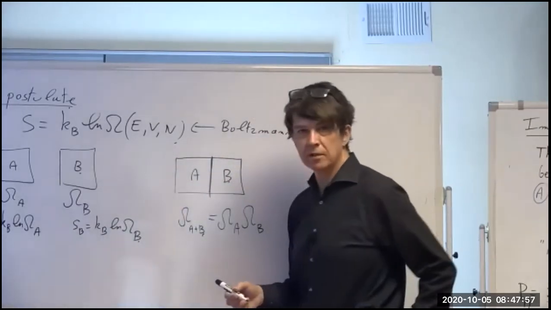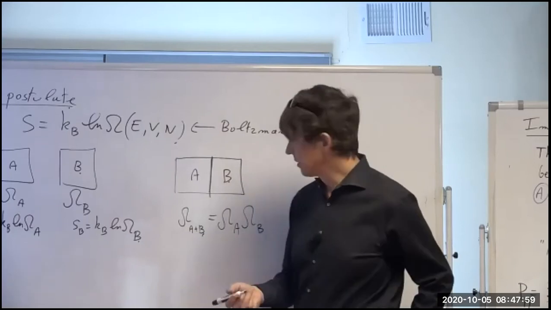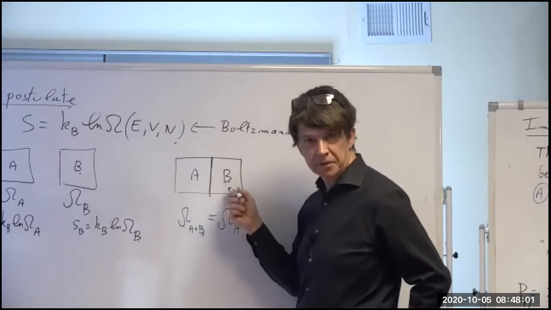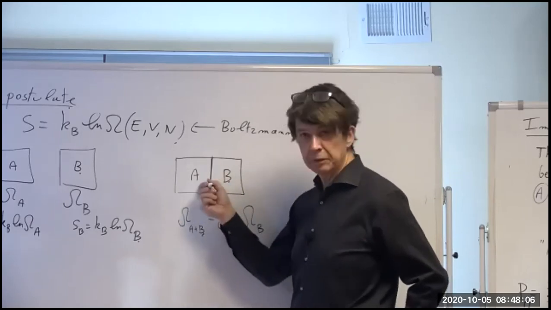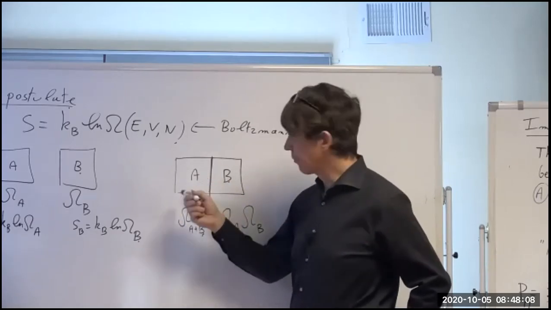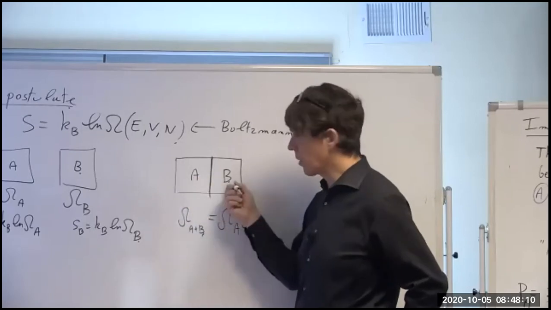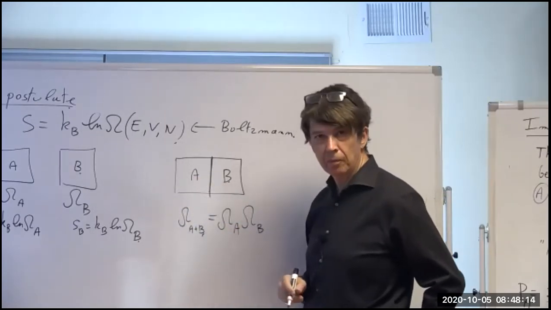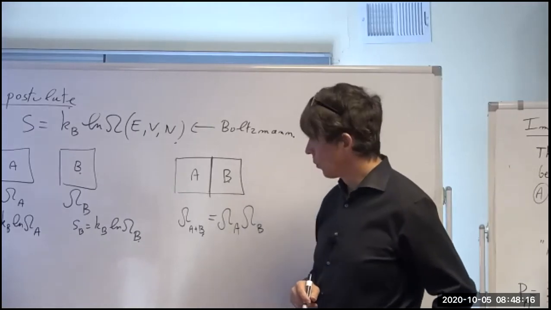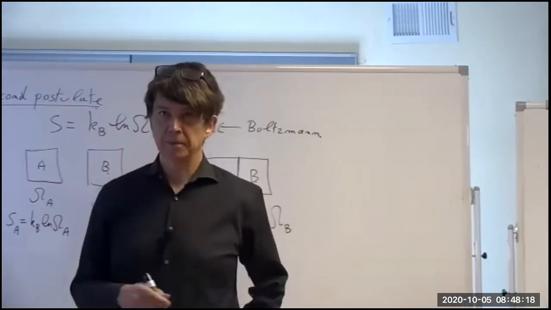And the reason is, so now a microstate is a specification for A and a specification for B, right? So here I have omega_A specifications, and for each specification here, I can pick one out of here. So here I have omega_B, so the product is omega_A omega_B. What do you know about the entropy of this?